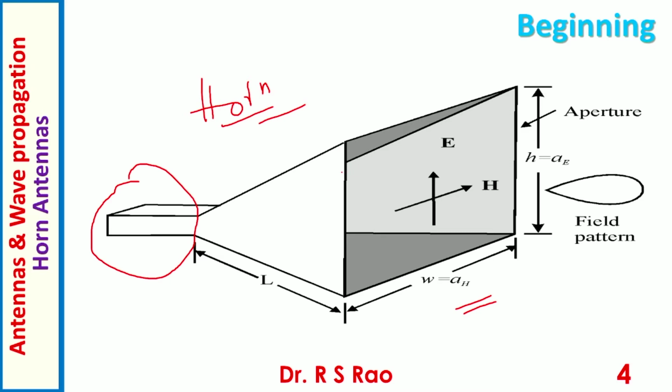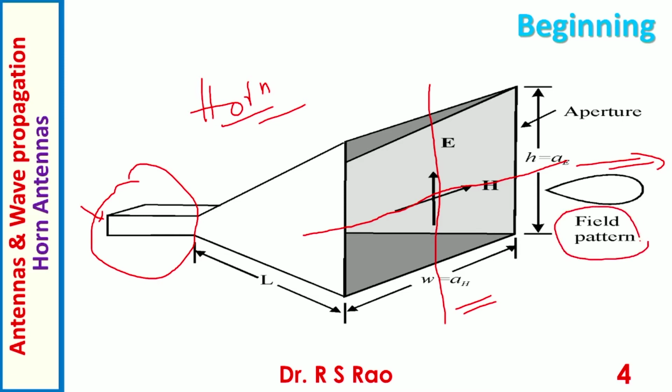It is opened out in a vertical plane. It may be opened in a horizontal plane too. So this particular structure is derived from rectangular waveguide. That's why it is called rectangular horn. Input is fed here. Output comes out of the aperture.